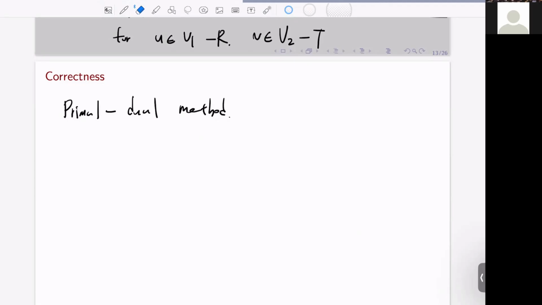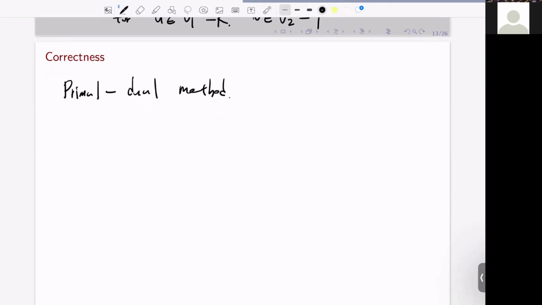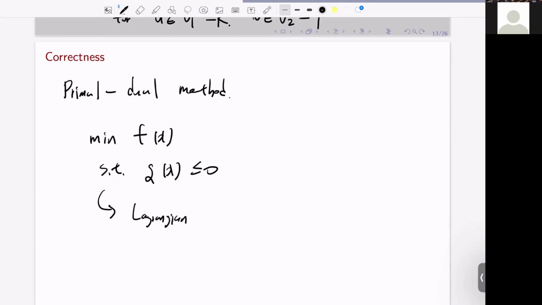Just to illustrate, we are looking at minimizing a convex function f of x subject to g of x at most 0. And we take the Lagrangian L(x, lambda), which is given by f of x plus lambda g of x.